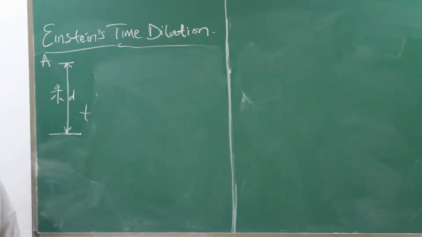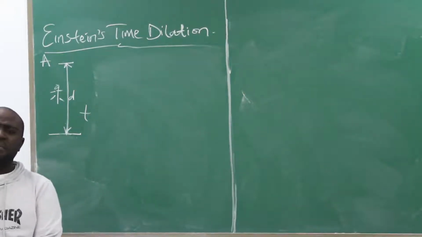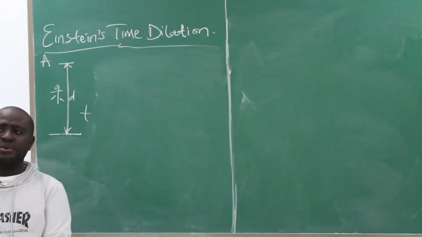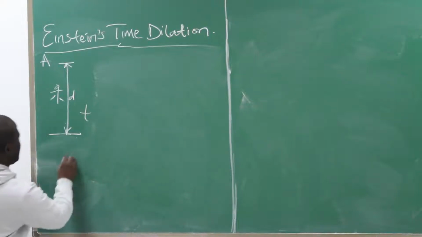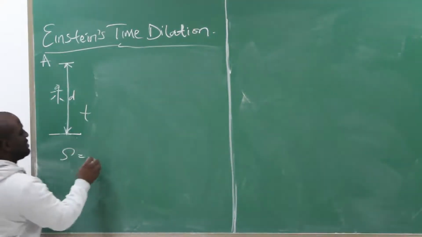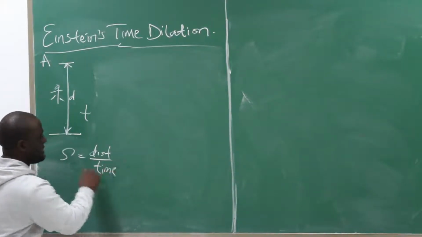Now, Einstein tried to resolve that problem this way. He started thinking, if the speed of light is the same for everyone, what could it mean? It didn't take very long for him to begin to focus on a component of speed. We define speed as distance moved over time taken for that distance to be covered.